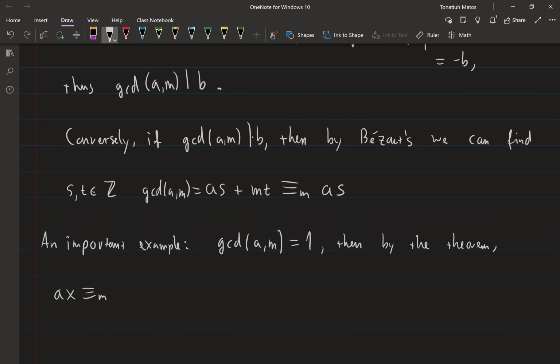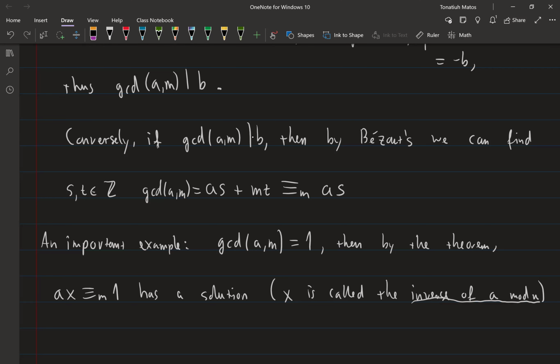So in particular, instead of b, I can just write the number 1. It has a solution. x is called the inverse of a mod m.